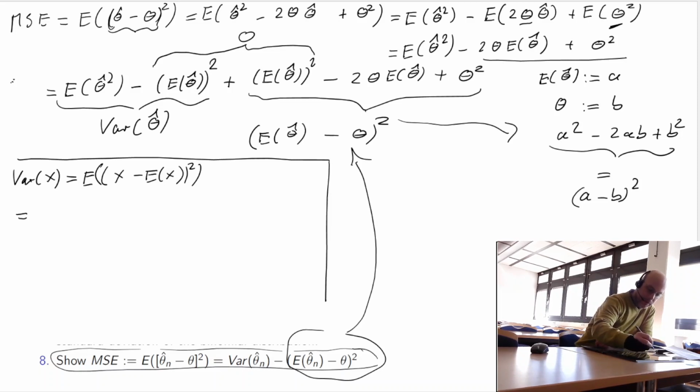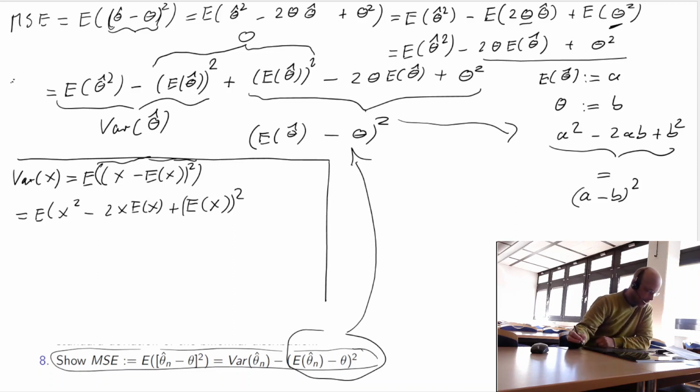And if we also evaluate the square, we obtain E of x squared minus 2x E of x plus E of x in brackets squared.